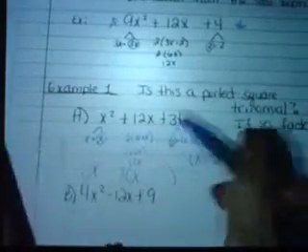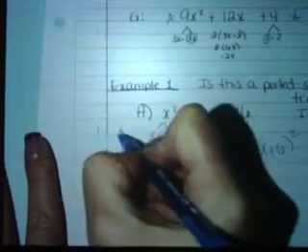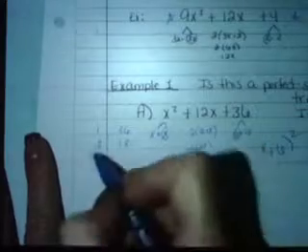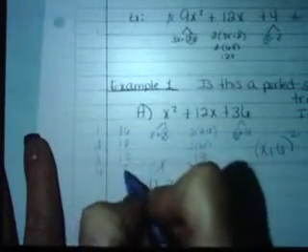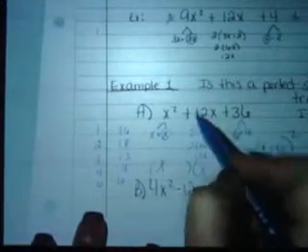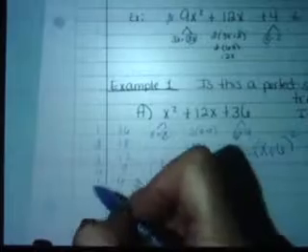And what are our factors of 36? Our factors of 36 are 1 and 36, 2 and 18, 3 and 12, 4 and 9, 6 and 6. Added together, they have to be 12x. That would be 6 plus 6.